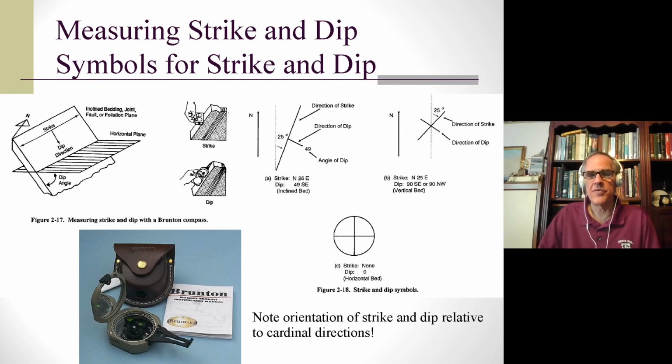In other words, maybe 45 degrees from the strike line or 60 degrees from the strike line, but not 90 degrees from the line, is an apparent dip. And I'm going to have some things on my site which will discuss the difference between the two and how you relate one and the other. Note also the orientation of the strike and dip relative to the cardinal directions as well.